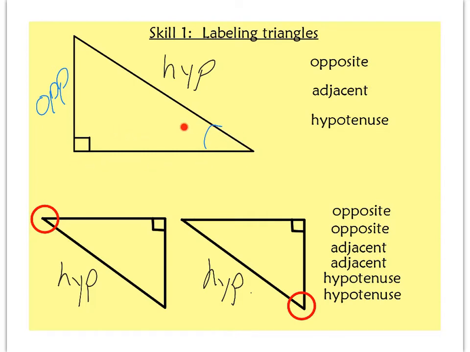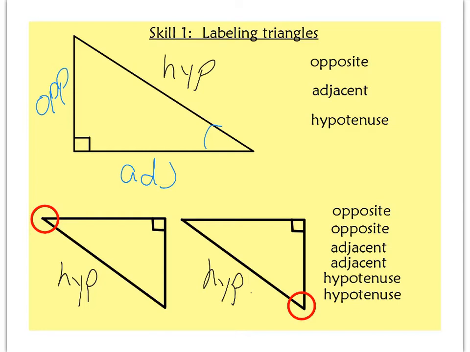So that's touching this angle, that's the adjacent side. Now, this is not the adjacent side, even though it's also touching this angle, because it is across from the right angle. It is always the hypotenuse. It is never an adjacent side.